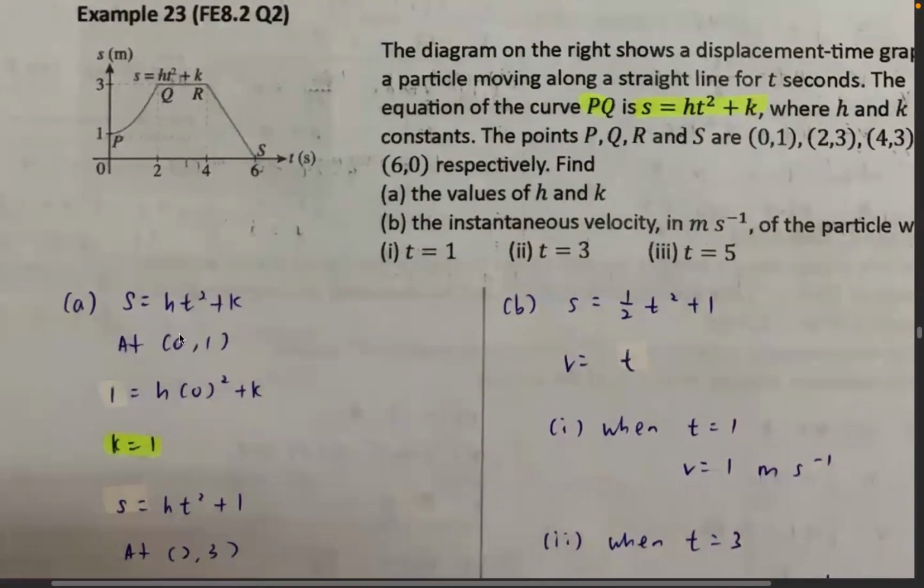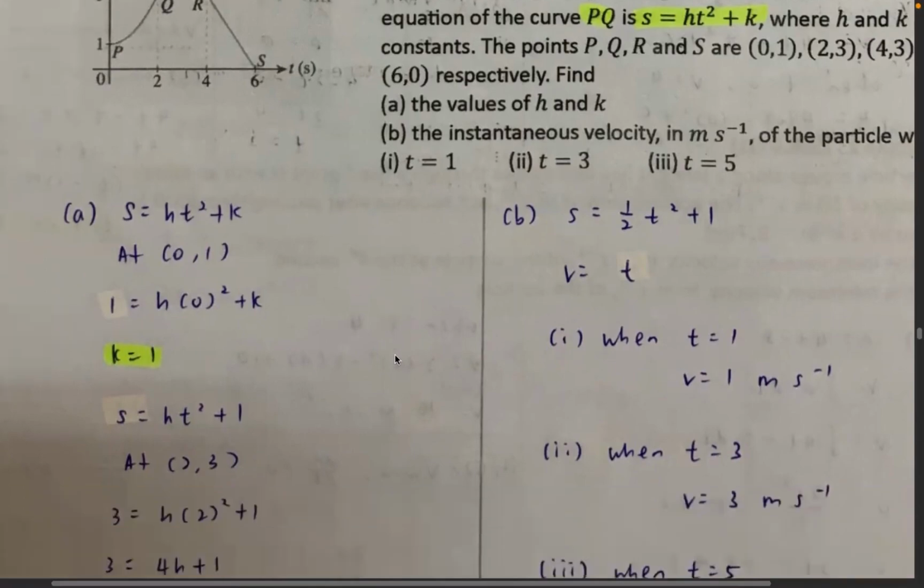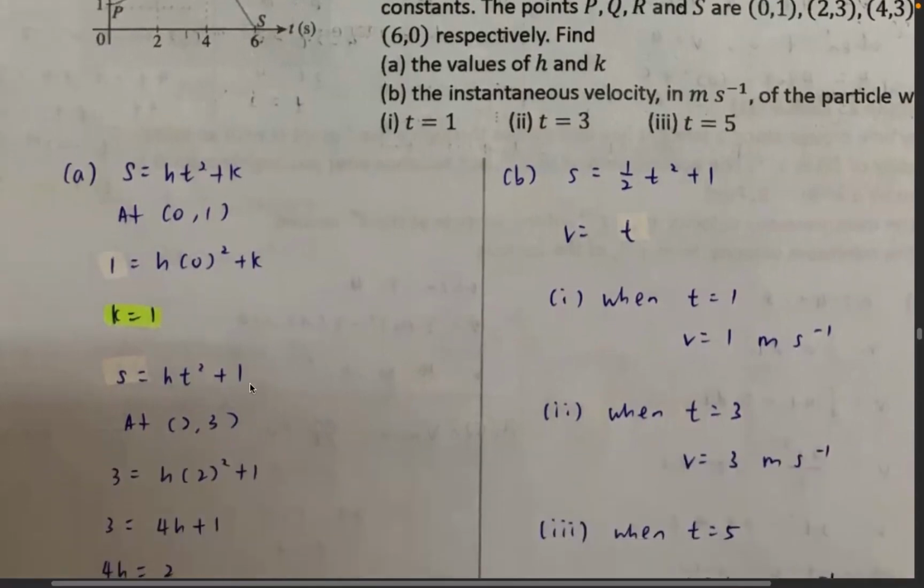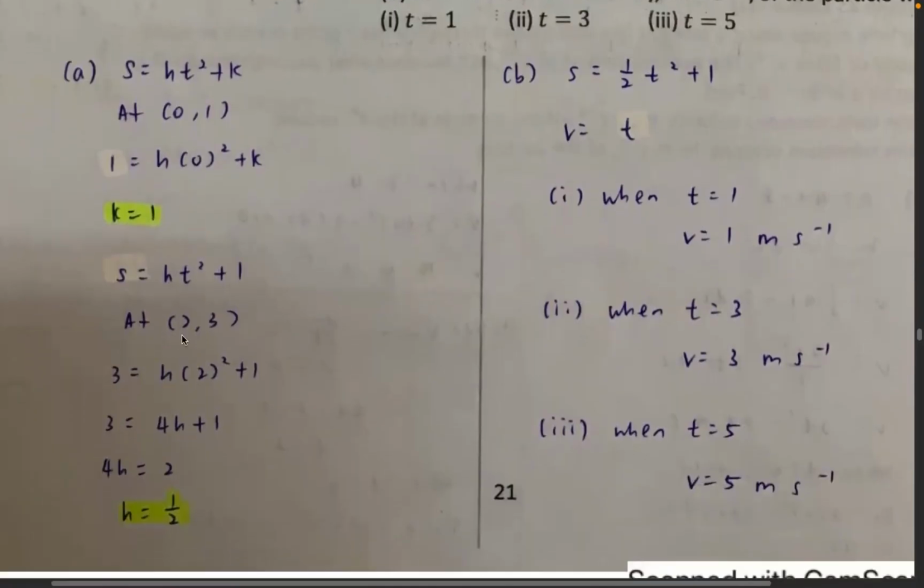At (0, 1), we sub S equals 1, t equals 0. Then we have k equals 1. Then we sub 1 back into the displacement function, and then we substitute (2, 3): S equals 3, and t equals 2. Then we have answer h equals half.